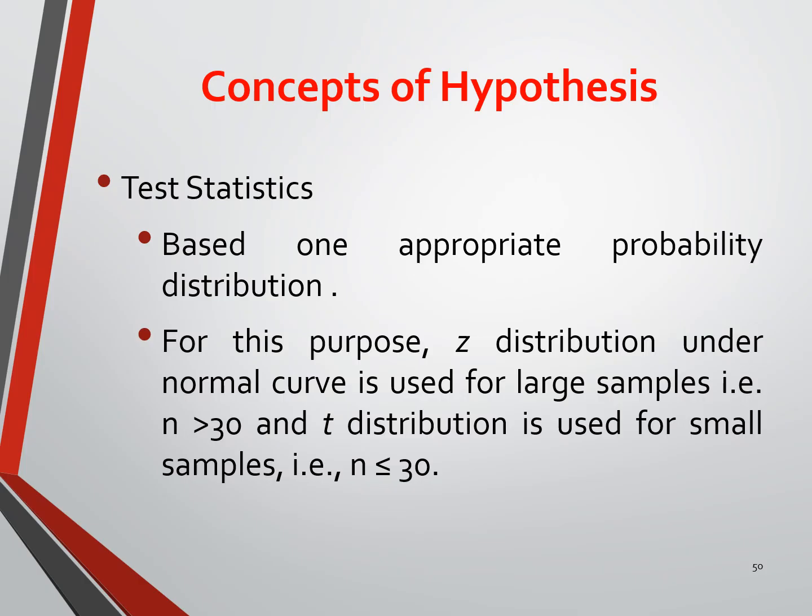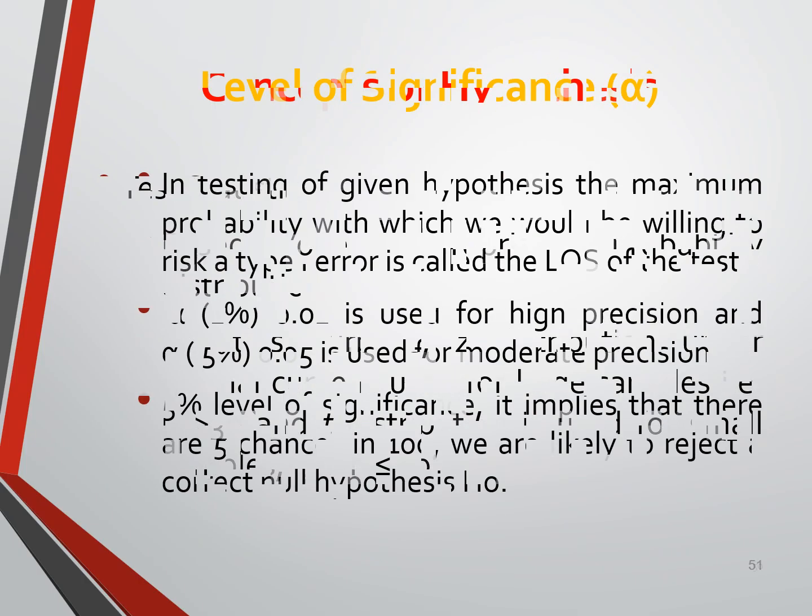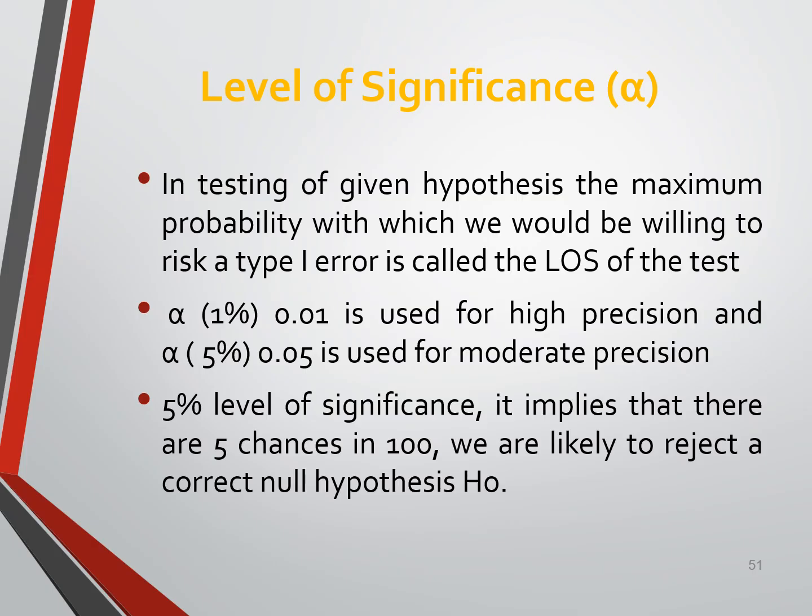Level of significance means that in our symmetrical curve, we have the shaded area of 95%, but 5% is given on the left and right hand sides, the non-shaded area. That is known as the level of significance. So in testing a given hypothesis, the maximum probability with which we would risk a type 1 error is called the level of significance.